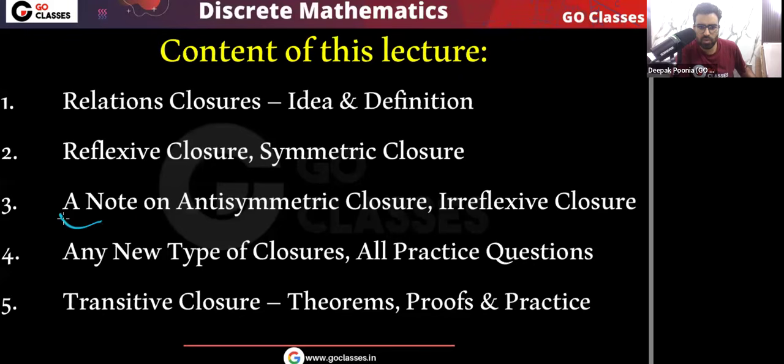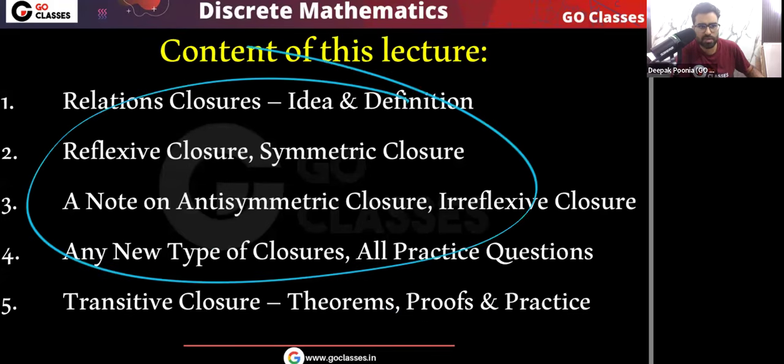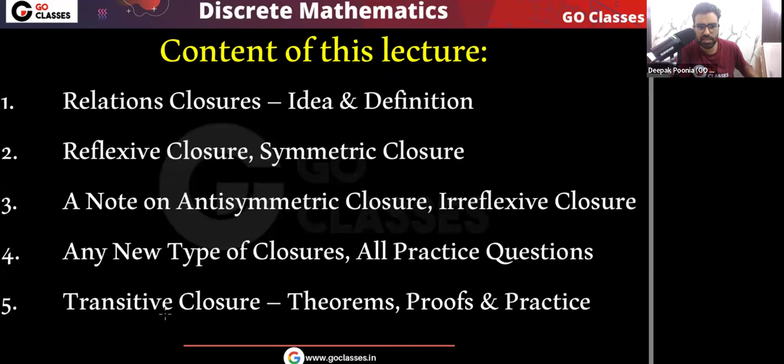We will see a note on anti-symmetric closure and irreflexive closure. We will also see some new types of closures, and we are going to solve all the practice questions. So these four things we are going to do in this lecture. In the next lecture we will study transitive closure, theorems, proof, and practice. So let's start.